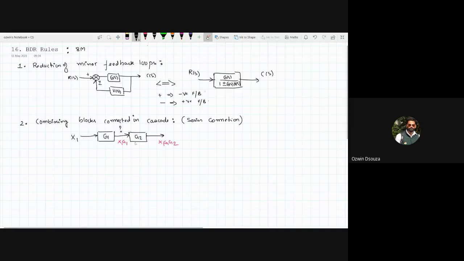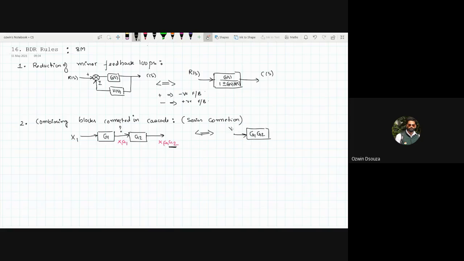If you inspect closely, the output consists of the product of individual block gains. So whenever you have blocks connected in cascade, you can reduce two blocks into a single block, and the single block consists of the overall transfer function, which is nothing but the product of the individual transfer functions.